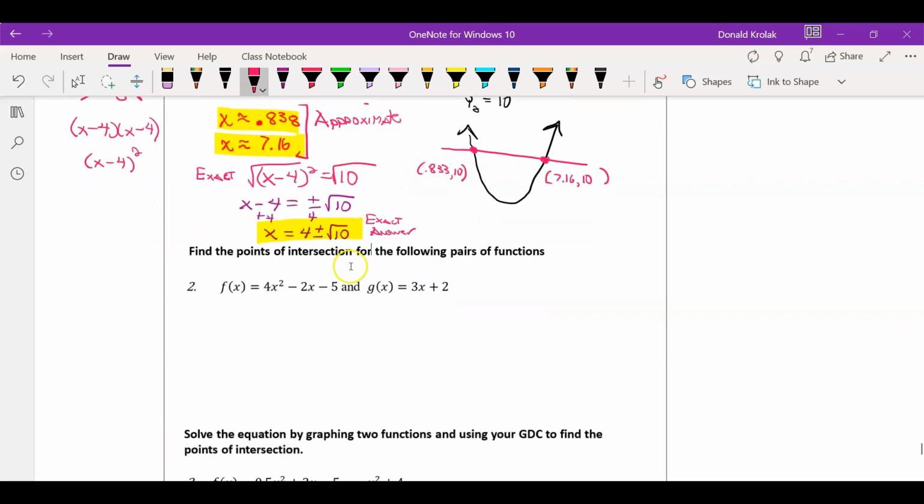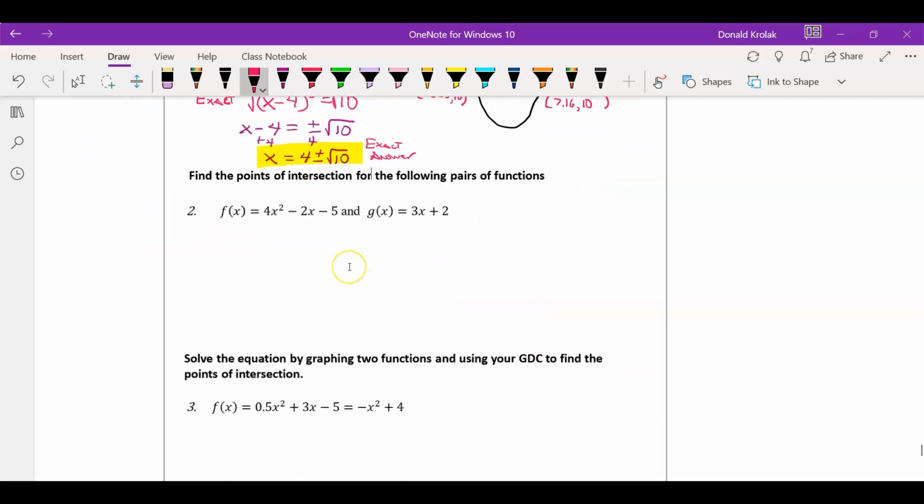Now these other examples, guys, we're going to run short on time. To solve on your calculator, you do equations and then you see where they cross.